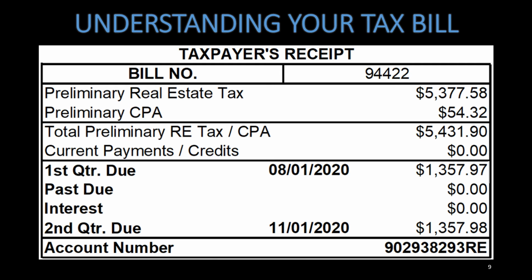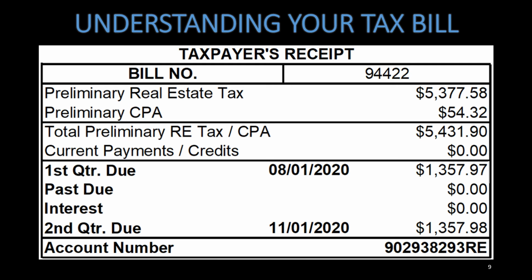Also shown on this section would be any past due payments. For example, if you underpaid last year's tax bill by $100 or $1,000, that would reflect here as being past due. And in addition to that, you would also have any interest that happens to be due.